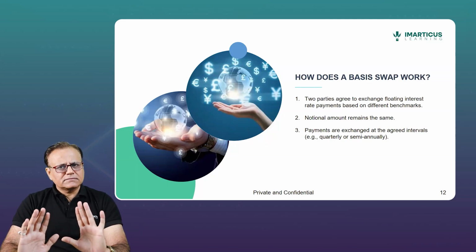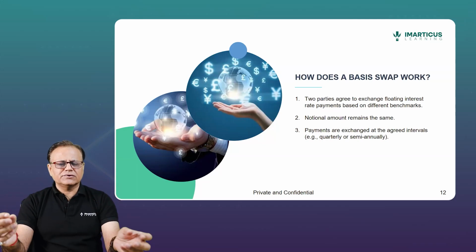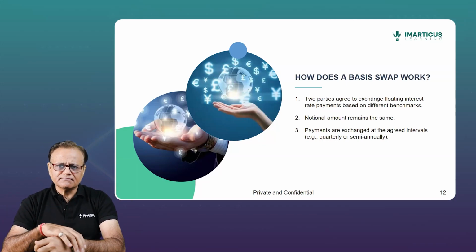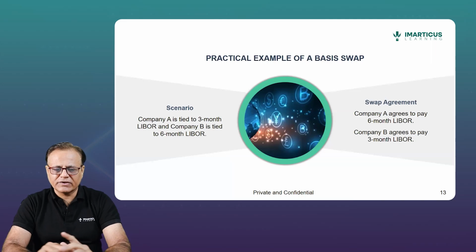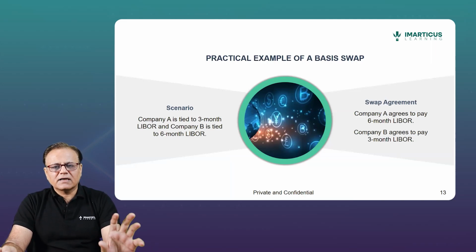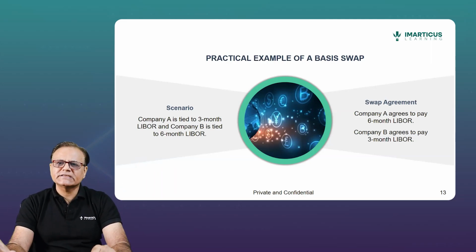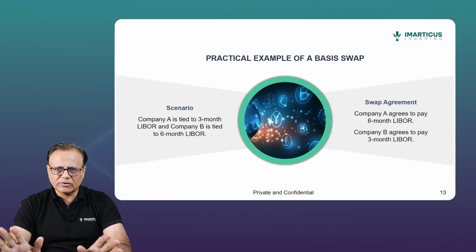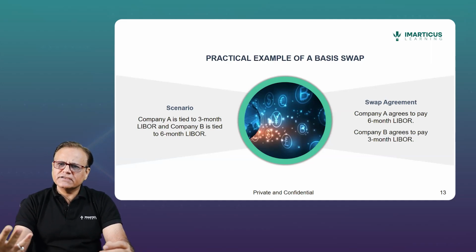So conventionally, the swap is, again, an exchange of interest rates as such, but basically the notional is the same and the reference is the difference here. That's the only part. Yeah. So I've taken an example here where a company is tied to a 3-month LIBOR, whereas the other company is tied to a 6-month LIBOR. Both are LIBOR. Will the interest rate change?